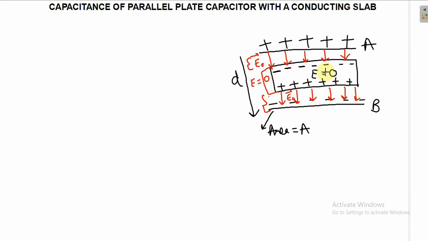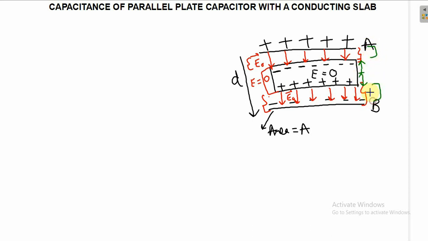Now, in this region where the red arrows are, what is the length of this red arrow region? This portion and this portion, the length we have to find. Let us consider the thickness of the conducting slab is T. Now we have to find the thickness of this and this region.